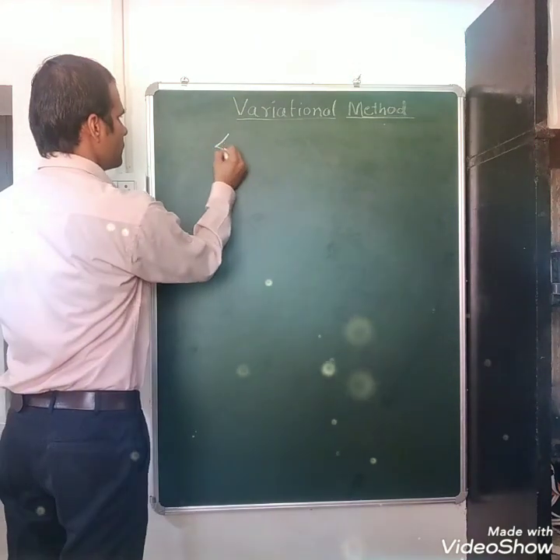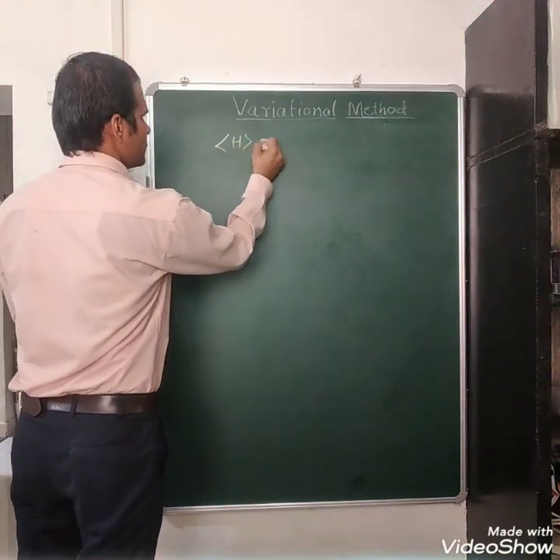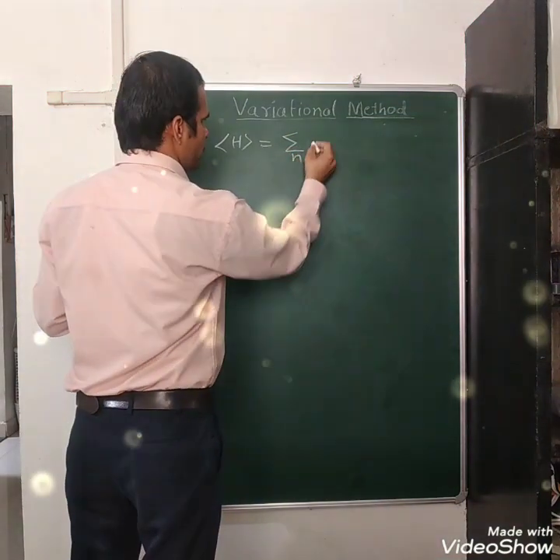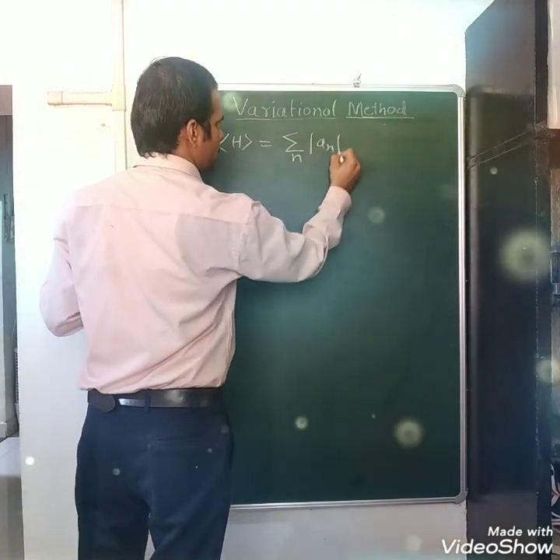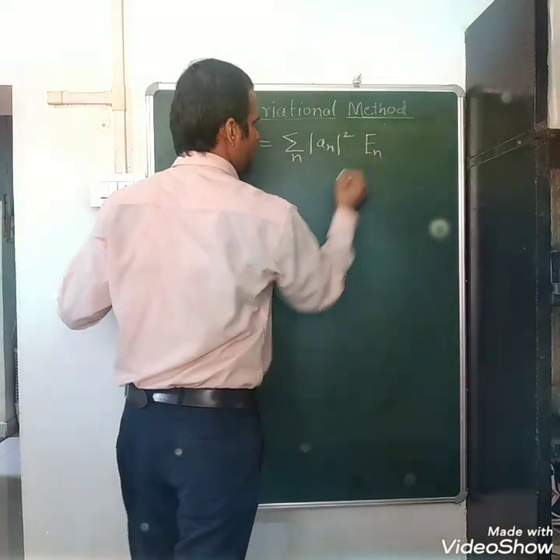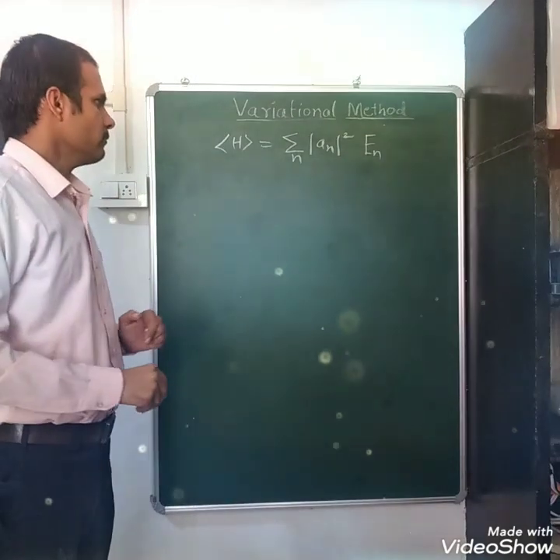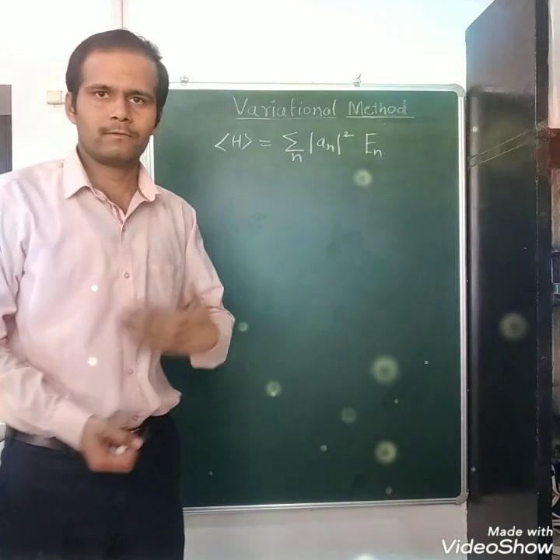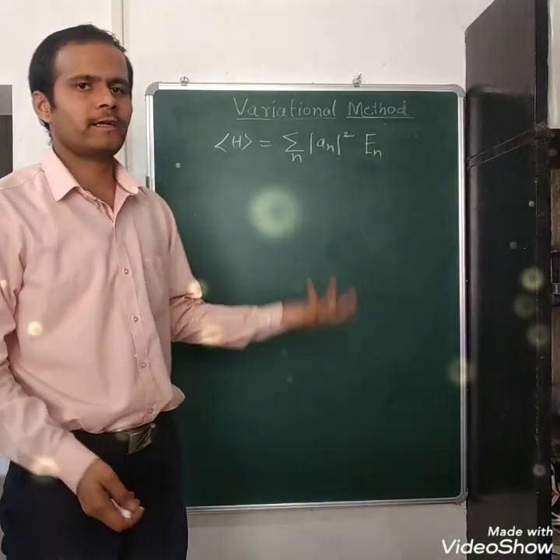Here we got expectation of H is equal to summation over n mod an square into en. Now what is this an? n will be 1, 2, 3 and so on.